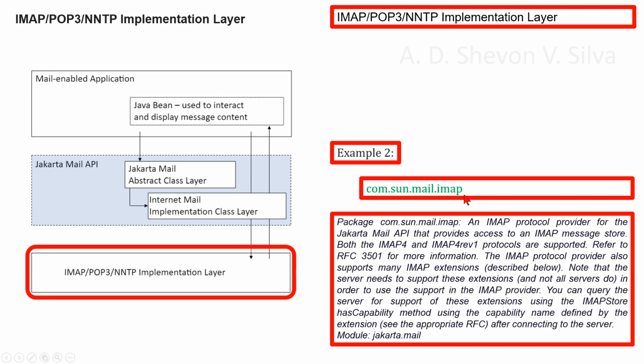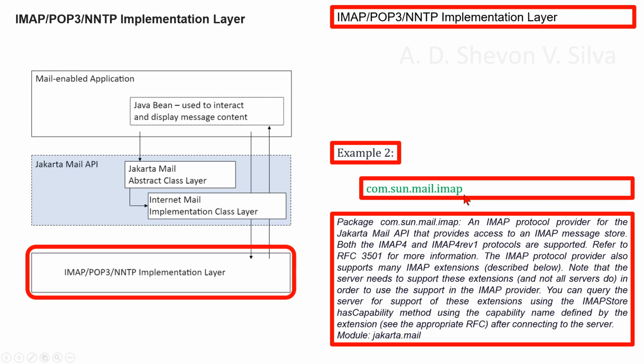Refer to RFC 3501 for more information. The IMAP protocol provider also supports many IMAP extensions. Note that the server needs to support these extensions, and not all servers do. In order to support the IMAP provider, you can query the server for support of these extensions using the IMAPStore hasCapability method.